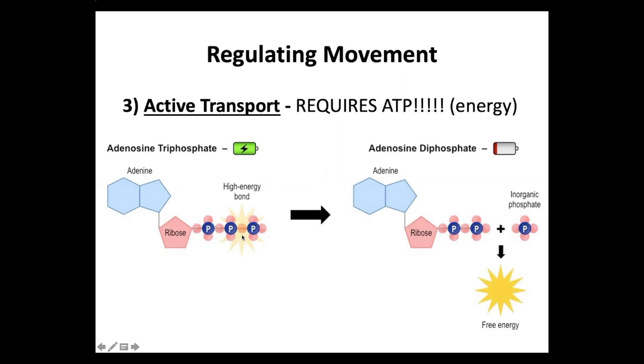When you use that energy, you do so by ripping this phosphate off, and you are left with adenosine diphosphate. Di means two phosphates. And you know that extra phosphate you ripped off, they're both floating around inside your body, and all that energy came out, and you get to use that energy. So think of triphosphate as a charged battery, diphosphate as a dead battery.